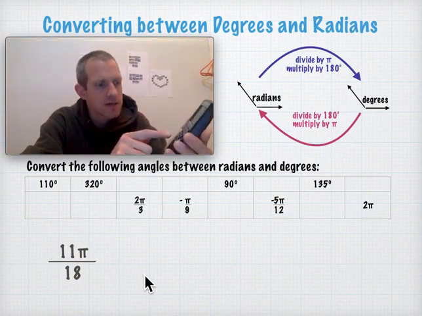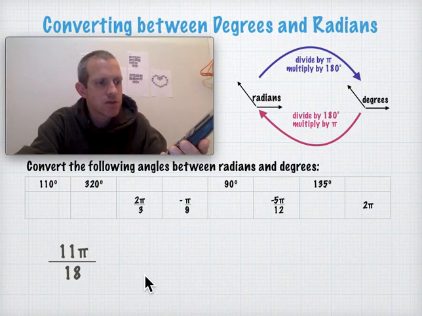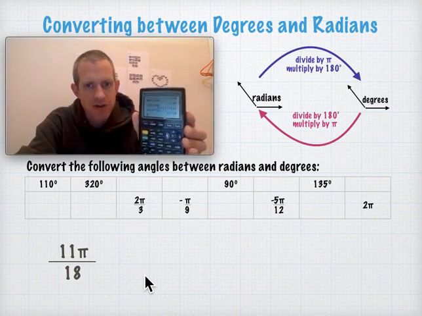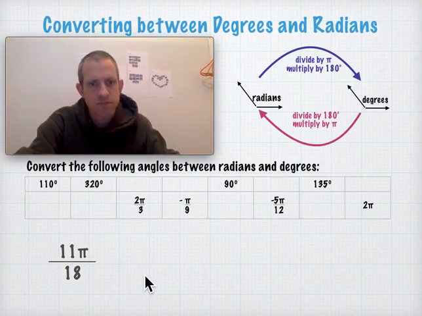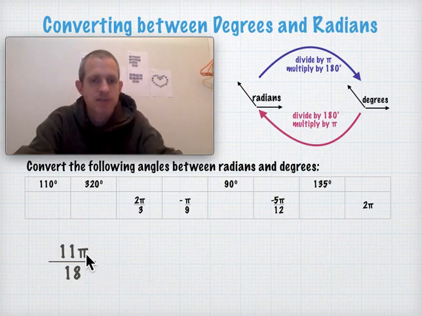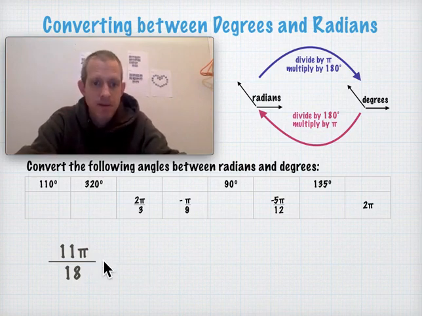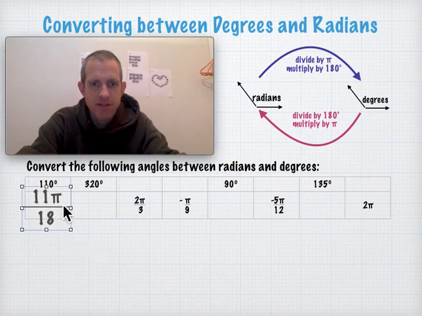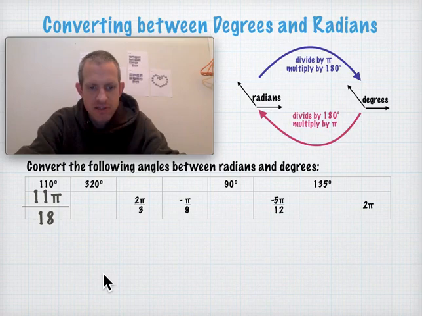And then if you hit the math and convert to fraction button, it'll write it as the reduced fraction for you, 11/18. And then just throw the pi on at the end when you multiply by pi. So here is 110 degrees in terms of radians. It's 11 pi 18ths.